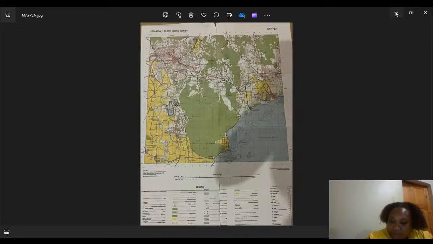So when you're looking at the map, they ask you for three possible reasons for the dominance of the type of cultivation found in the southwest area of the map.